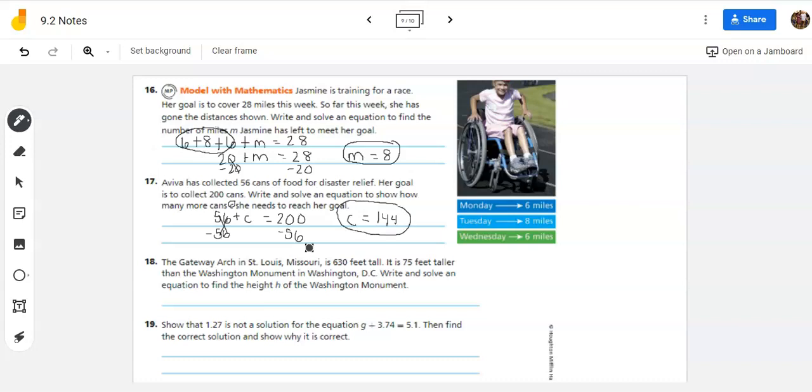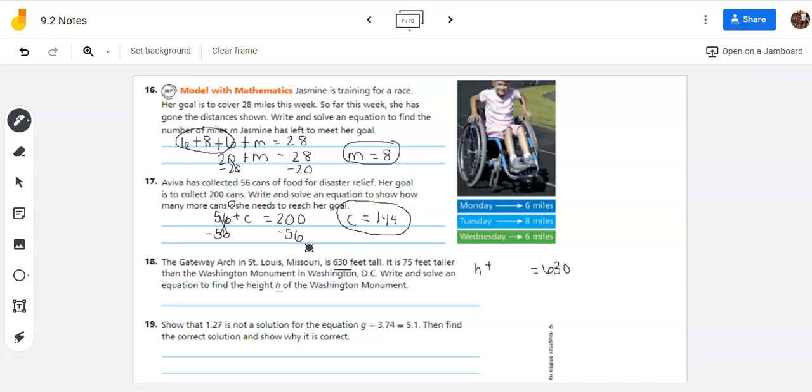Number 18, the Gateway Arch in St. Louis, Missouri is 630 feet tall. It is 75 feet taller than the Washington Monument in Washington, D.C. We're going to write and solve an equation to find the height h of the Washington Monument. So total, we have 630. So I'm equaling 630. My variable is h.